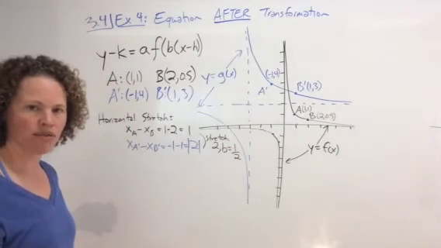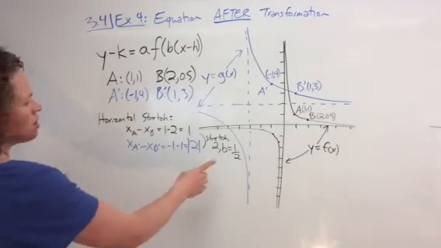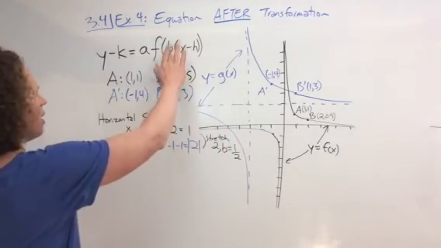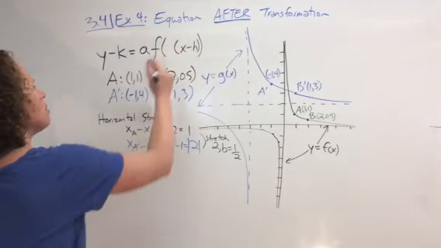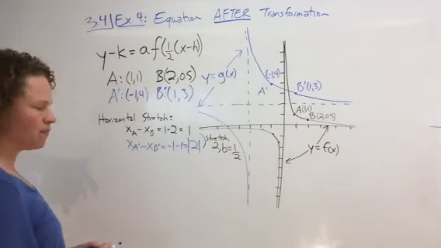Because remember that it's an inverse relationship. So we've got that B is a half. I'm going to take B as a half and put it into my equation. B is a half, right?